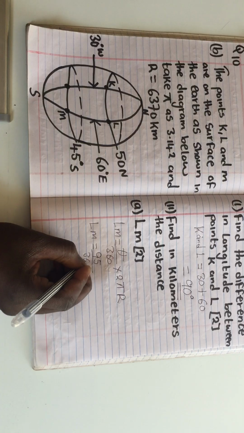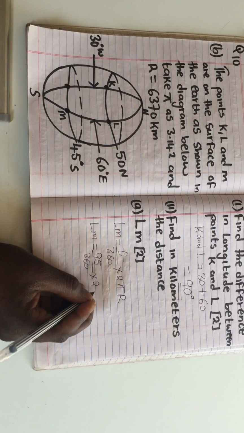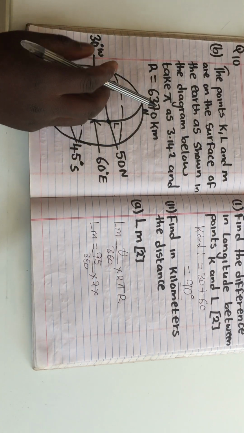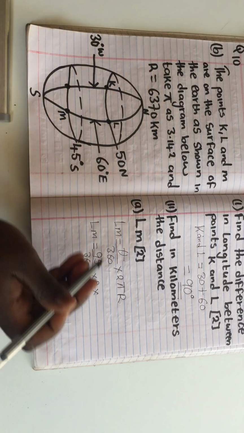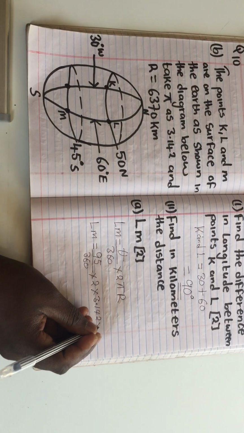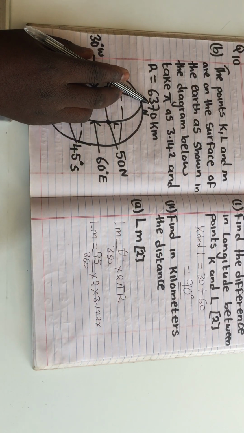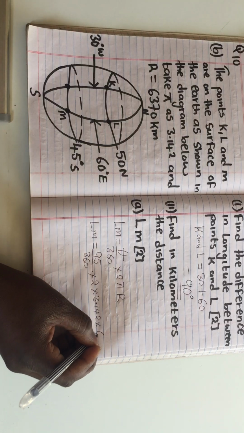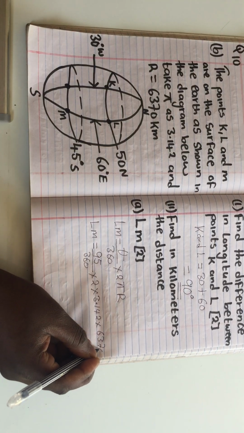So LM is 95 over 360 times 2 times pi, they gave us 3.142, times radius, they gave us 6370.